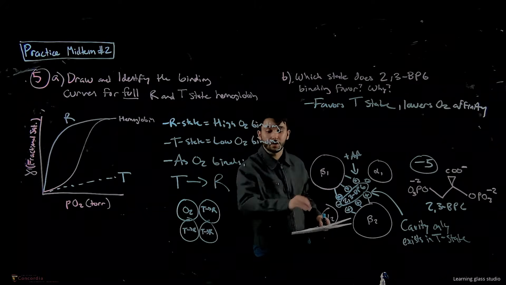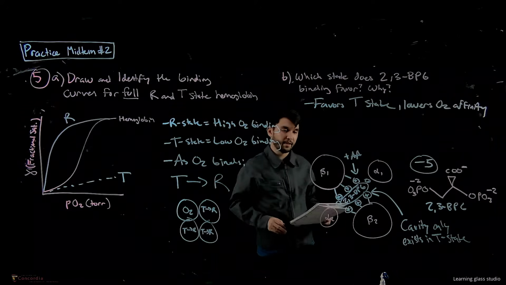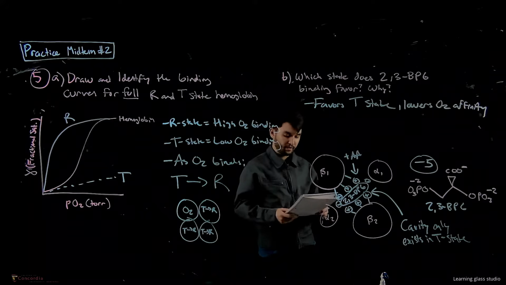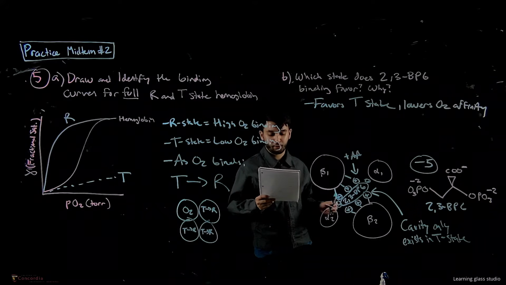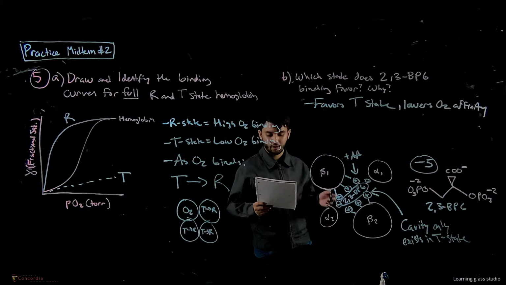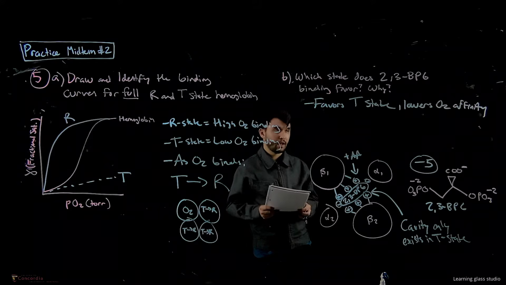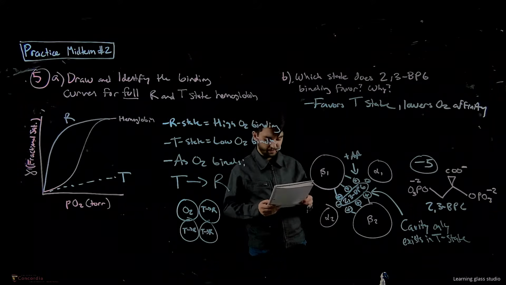But this cavity only exists in the T state, so it can only stabilize the T state, and it makes this conformation very stable. It electrostatically interacts with 3 positively charged side chains from each beta chain in the center of hemoglobin and binds in a cavity that only exists in the T state. Thus, it is stabilizing the T state.